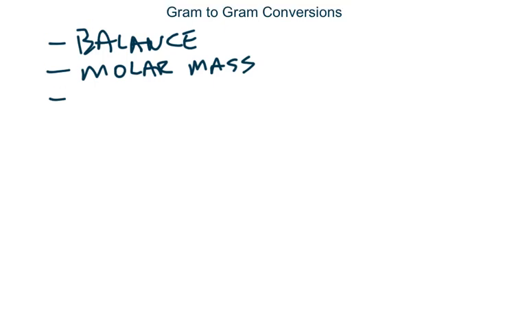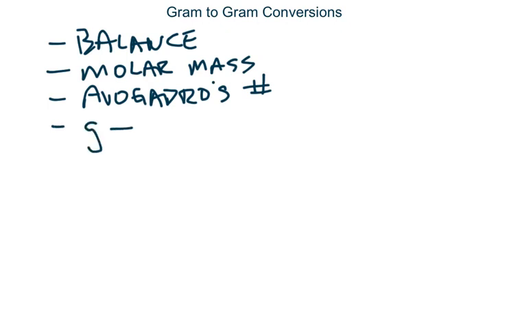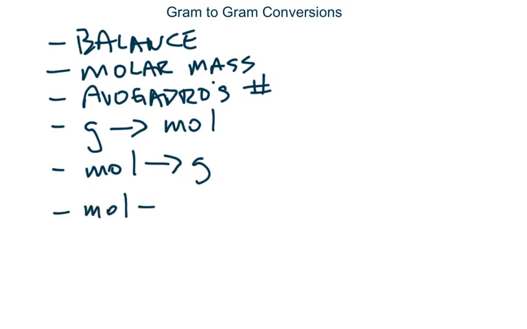We have learned how to calculate Avogadro's number, and we have done gram to mole, mole to gram problems. And last week, if you did it, we learned how to do mole to mole problems. Okay, we're going to tie it all together now, and we're going to kind of make sense of all this and do these gram to gram conversions.